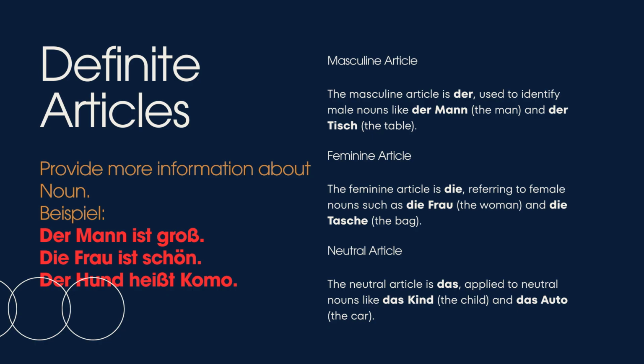Another example: die Frau ist schön. The woman is beautiful. We also speak about a specific woman who is very beautiful. The key thing to understand is that when you use definite articles, you show gender and provide more information about a specific noun.